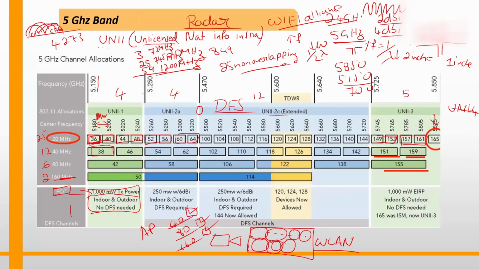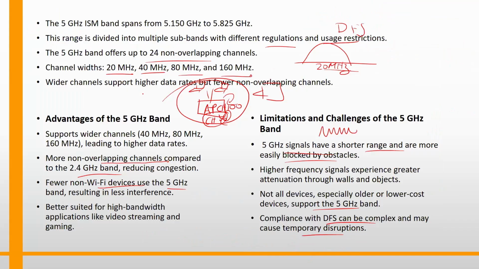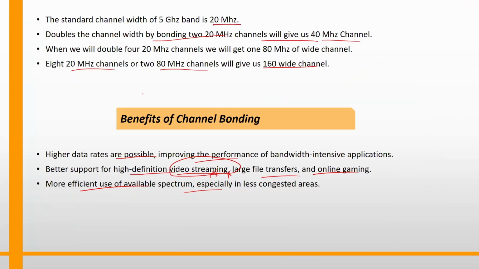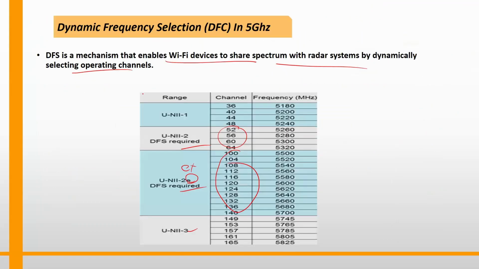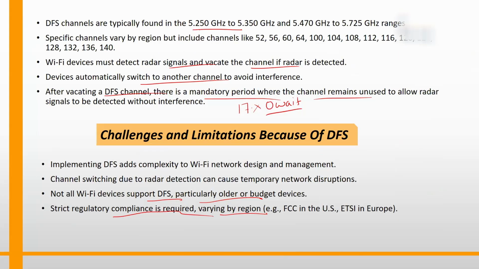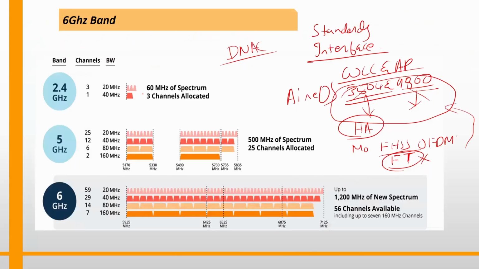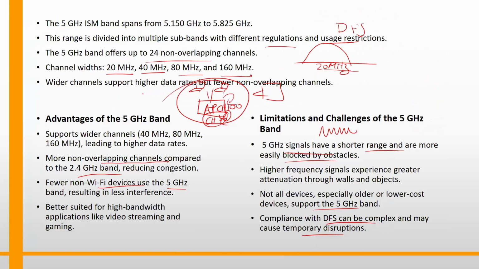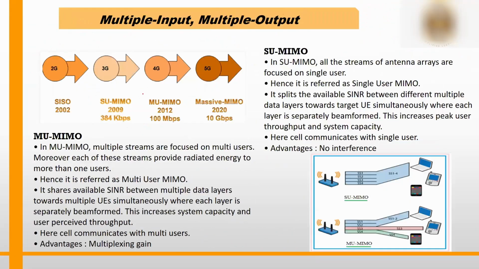So don't miss tomorrow's session. We will cover many things about 5 gigahertz and 6 gigahertz, and we will learn about channel bonding, which is important. Then we will learn about DFS and unibands, and complete the 6 gigahertz band by tomorrow. Once this is completed, we will learn about MIMO.